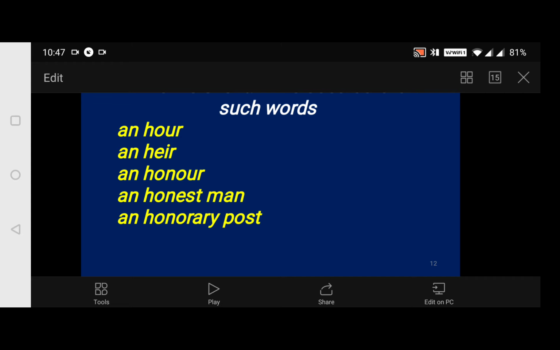Today we have discussed only the indefinite articles a and an, and the different rules to be followed while using them, such as whether they are used before countable or uncountable nouns.